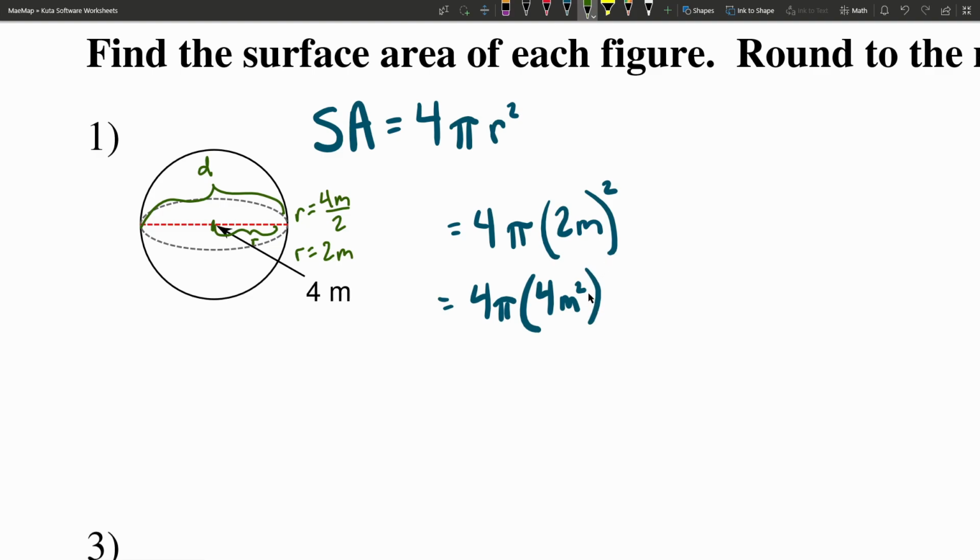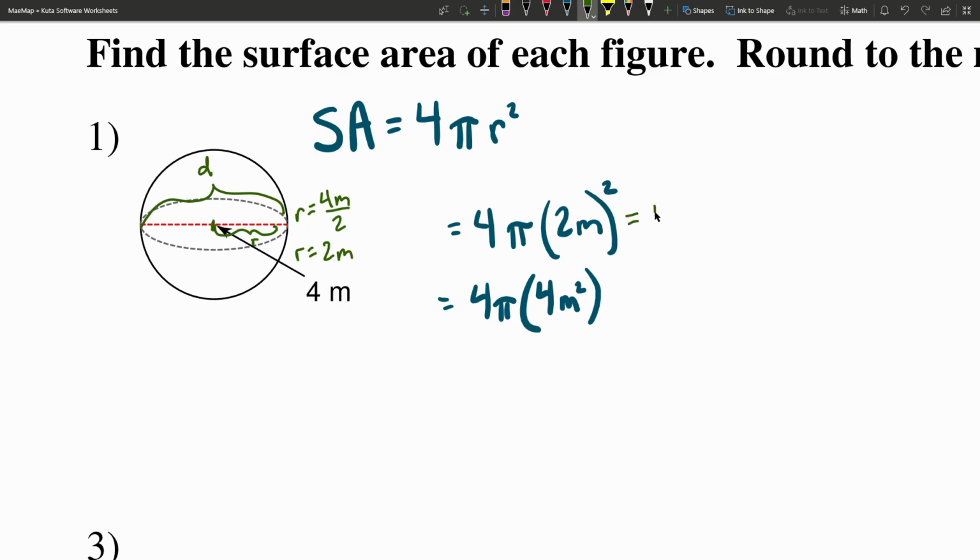Just to not confuse you, I want to point out that this exponent is applied to both our value and our label. So you can see here, I've already distributed that in. We have 4 and meters squared. Again, this m is not a variable, it's a label, but the exponent is still applied to those labels.